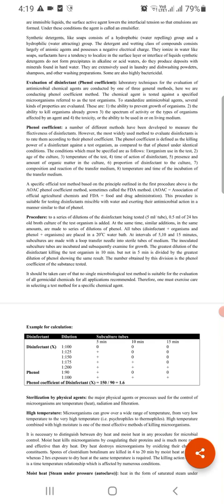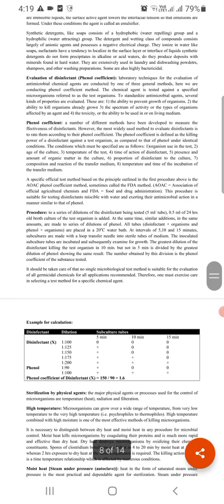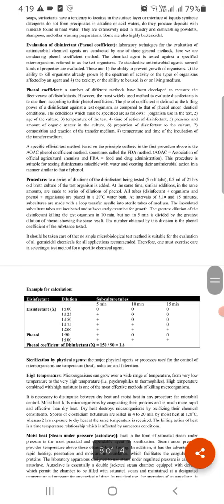A specific official test method based on the principle outlined is the AOAC phenol coefficient method, sometimes called the FDA method. AOAC is the Association of Official Agricultural Chemists, and FDA is the Food and Drug Administration.